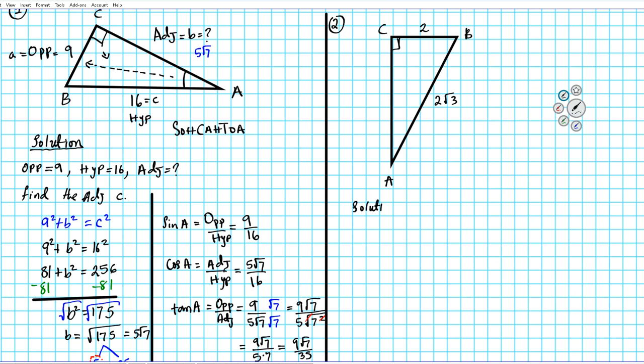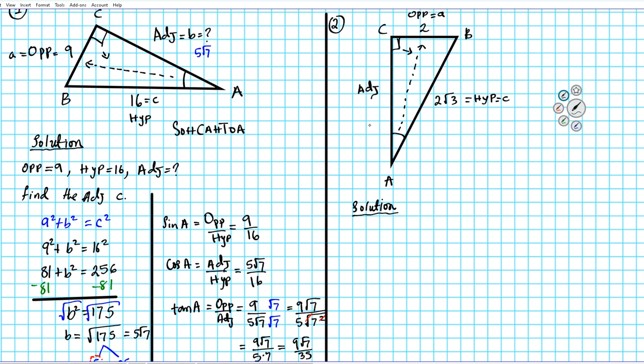So remember the process. In order to find all three trig ratios, we need all sides. So what are the sides that we have? Since this is a reference angle, the side opposite it is going to be called your opposite, or we could call it side A. And then the side opposite the 90-degree angle, as always, is your hypotenuse. The longest side is always the hypotenuse, or you can also call it C. And then the adjacent is missing in this problem.